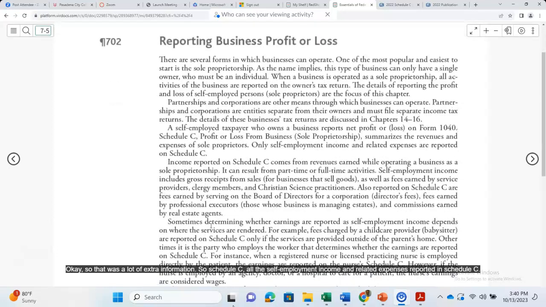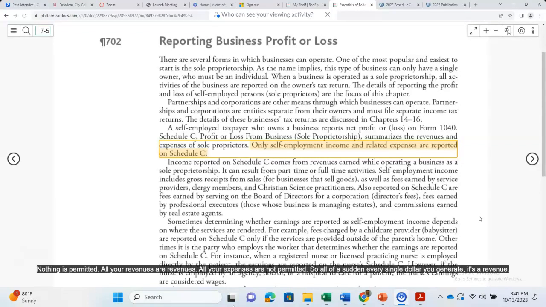Okay, that was a lot of extra information here, I believe. So Schedule C: only self-employment income and related expenses are reported on Schedule C. Very important. If you don't do that, then you are mixing your personal assets and things with your business, and then the IRS will all of a sudden say, you know what?